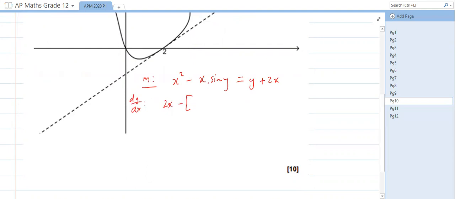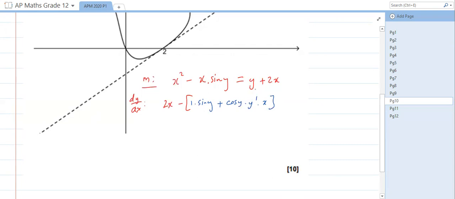To apply the product rule, differentiate x, you get 1, and leave the sine y as it is, plus differentiate sine y. The derivative of sine y is cos y, times, very important, y is a function of x, so times y prime, and then leave the x, times x. So that's the product rule done.